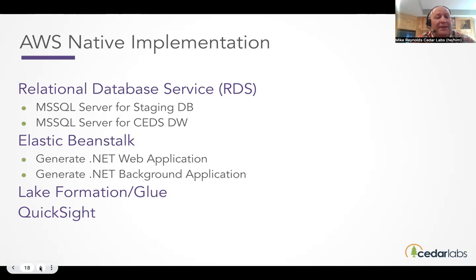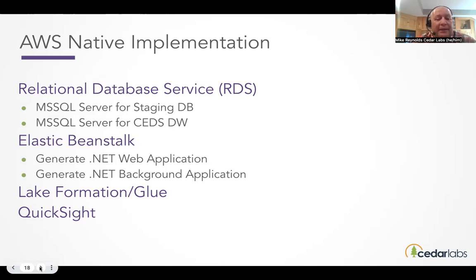The top one there is RDS, the relational database service. That is the host for the Microsoft SQL Server that hosts both the staging database and the CEDS data warehouse. The next service chunk is called Elastic Beanstalk. That's where we're hosting the Generate.net web app and the Generate.net background web app.